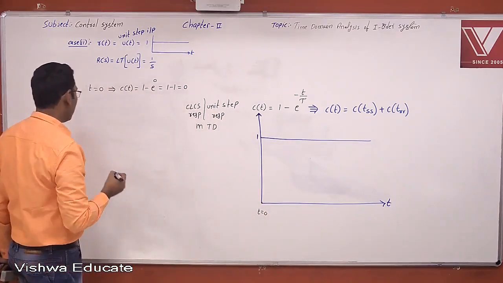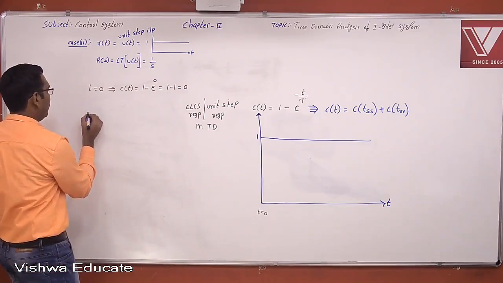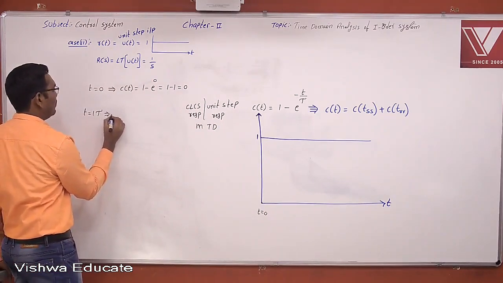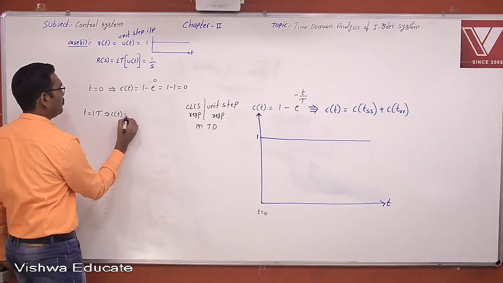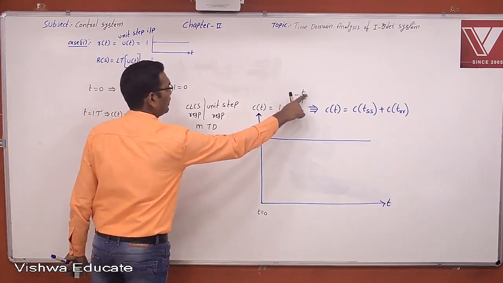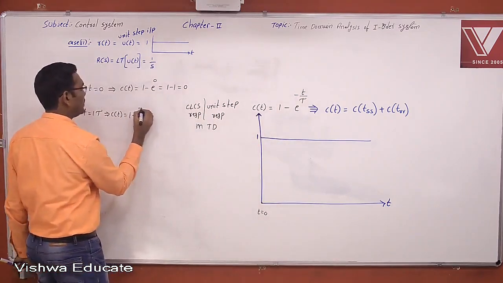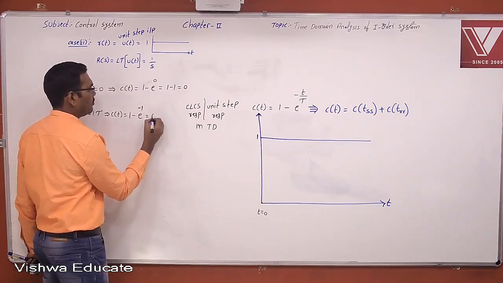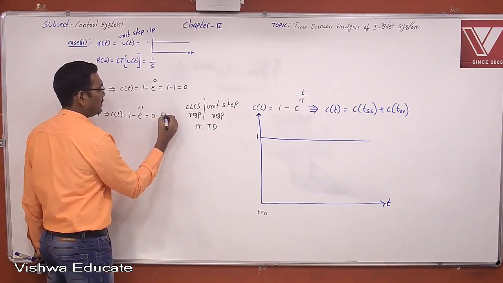Right. Now what is the time constant here practically? When t equal to 1 time constant, the response is 1 minus e power minus t by time constant, time constant cancel, e power minus 1, 1 minus e power minus 1, which is equal to 0.63.